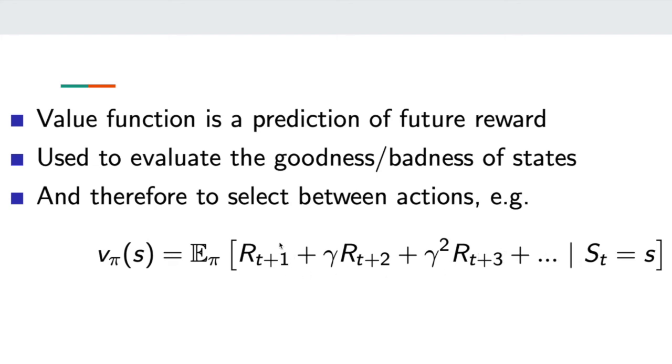So you're basically prioritizing rewards that come sooner in your life than later. If you set this to 1, then it basically treats all rewards as equal, and so you don't care about the current reward any more than you do for future rewards. But if you set it to 0, then you only care about the next reward, and you don't care at all about future rewards down the line.